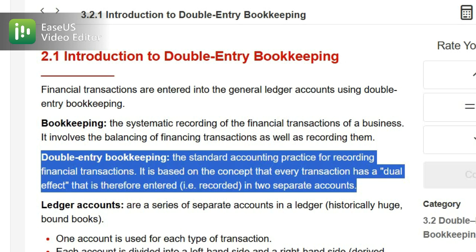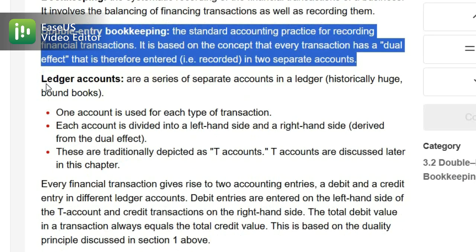One side is called debit, the other side is called credit. This is based on the duality principle. Think of it like this: if you give something, you must receive something in return.